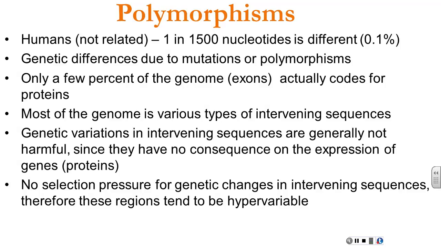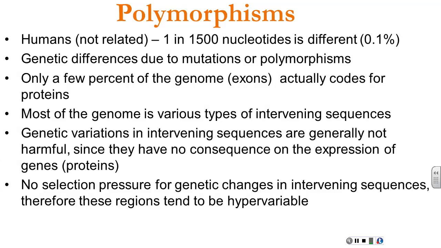And most of the time when somebody says polymorphism, they're talking about some genetic change that ultimately doesn't affect fitness. It's genetically neutral, so it neither increases nor decreases fitness, so there's no selective advantage or disadvantage. That's the general idea when you first see those terms.